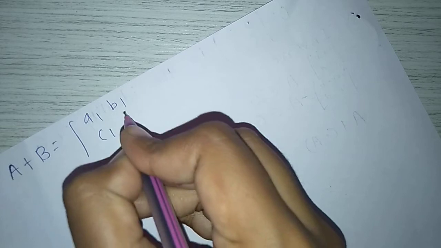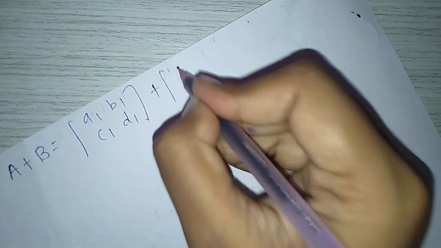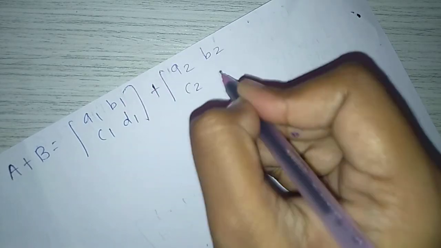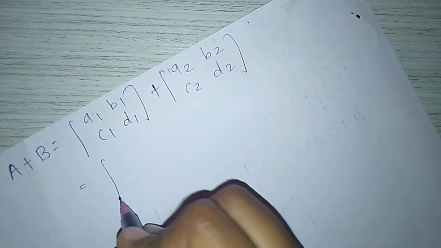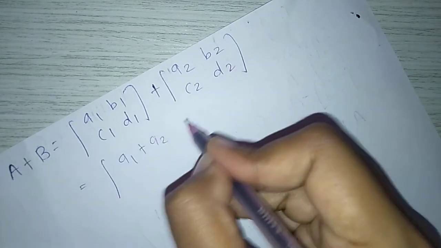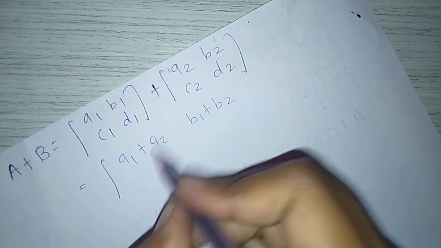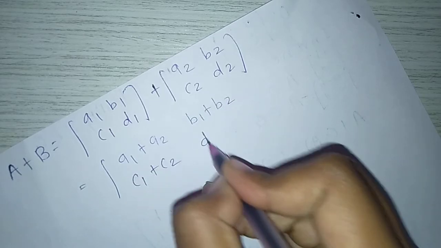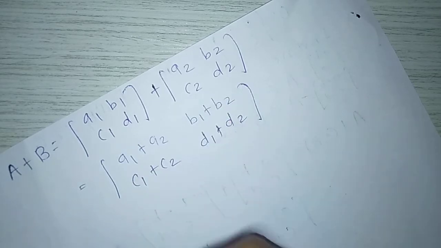Now add these two matrices, we get A plus B equal to a1, b1, c1, d1 plus a2, b2, c2, d2, which is equal to a1 plus a2, b1 plus b2, c1 plus c2, d1 plus d2.